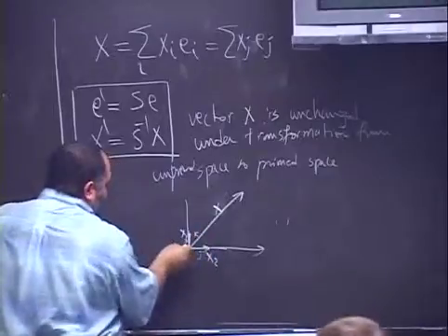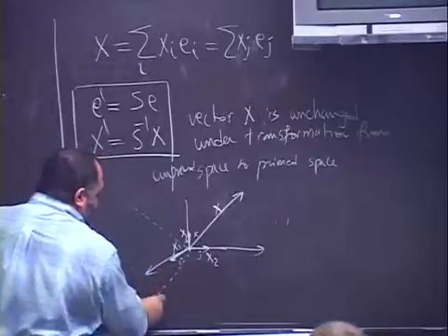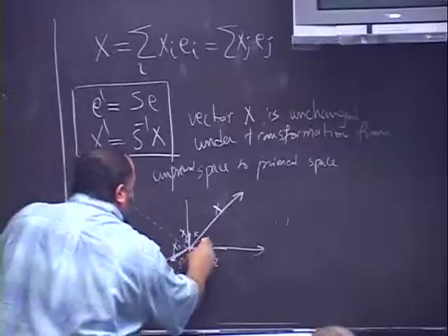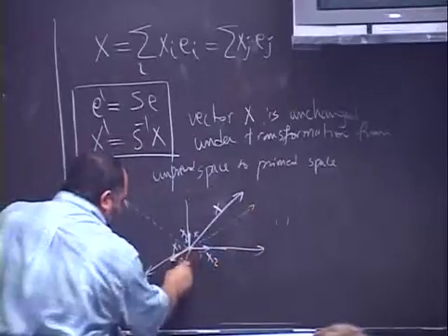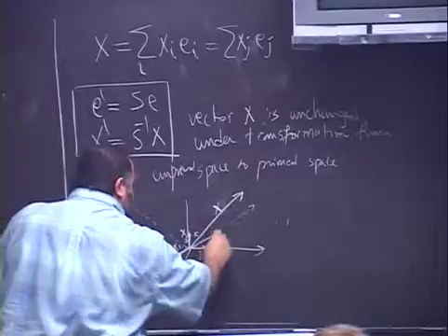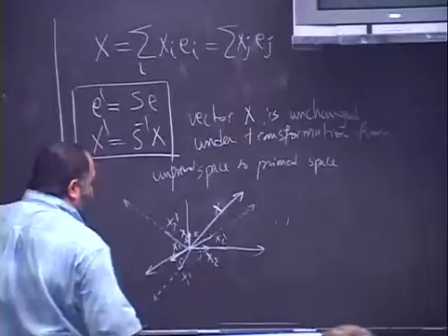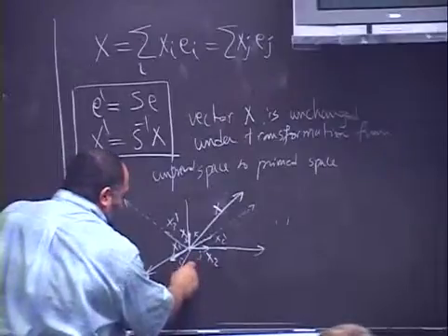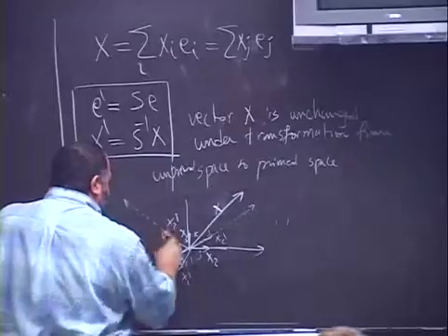Now, let's say we will have another set of base vectors and coordinates. Now I will have x1 prime, I will have x2 prime, I will have x3 prime, and also I will have what? i prime, j prime, k prime.